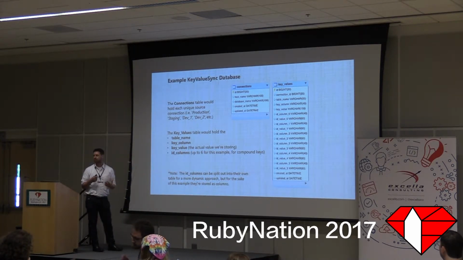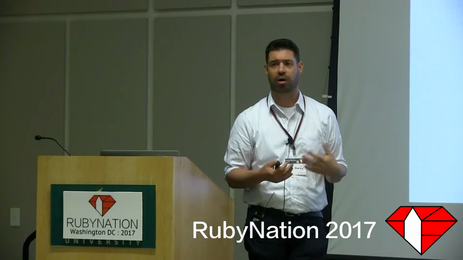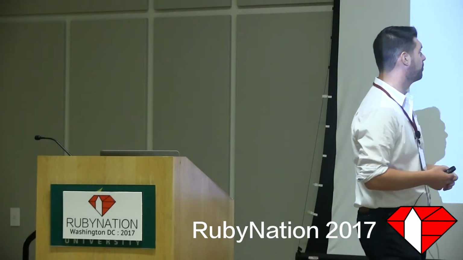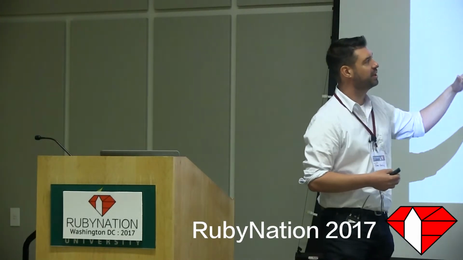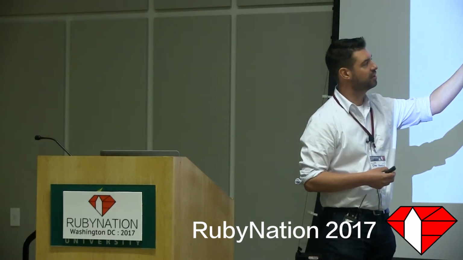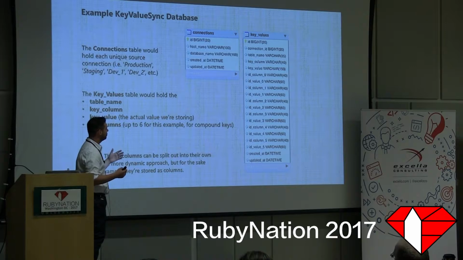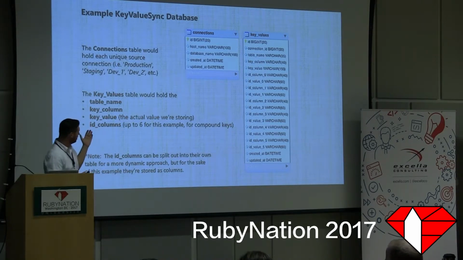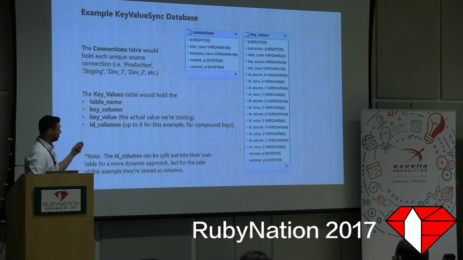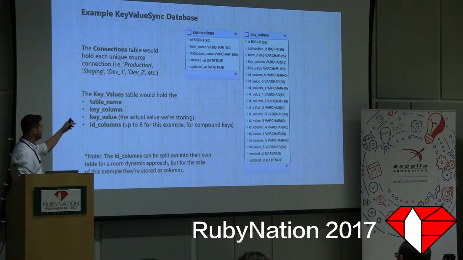So you can create compound keys if you want, if you have multiple things that create your unique identifier on your table. If you wanted to extrapolate this out, the ID columns could be normalized. They could be brought out into other child tables. But for the sake of this example, they're just listed here.